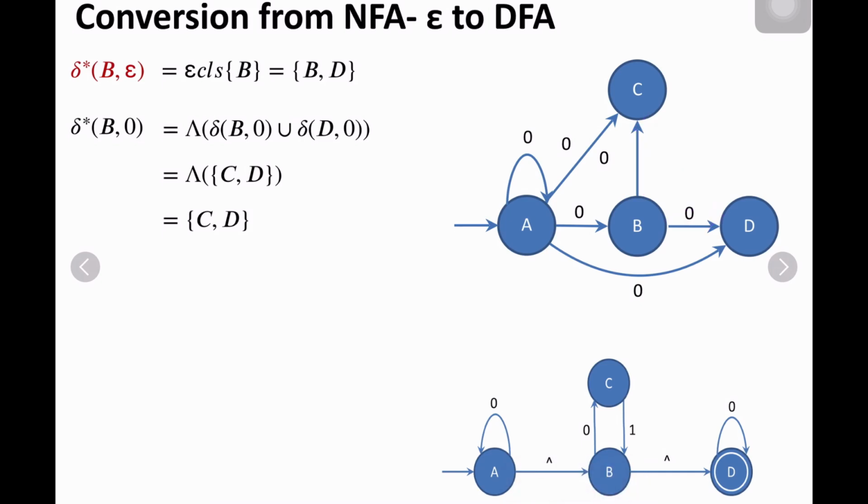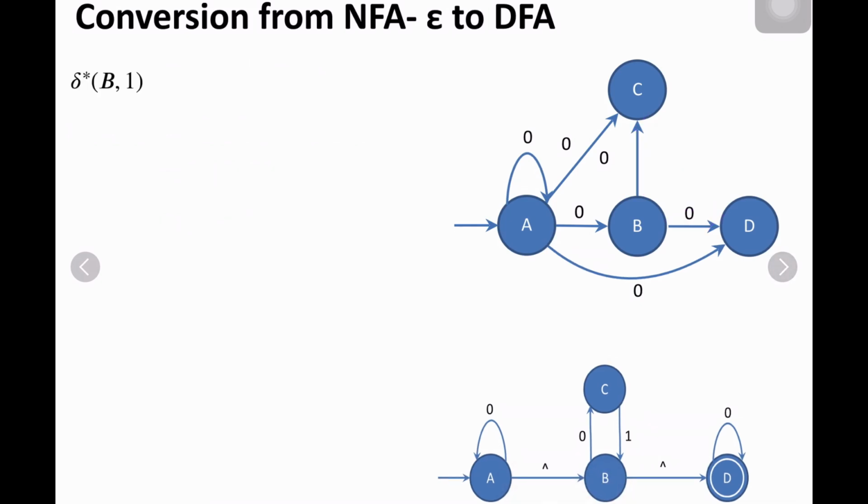Then B on 1 is B on 1 union D on 1. B on 1, there is no transition at all. D on 1 also, there is no transition at all. That is phi only. E-closure of phi is phi.